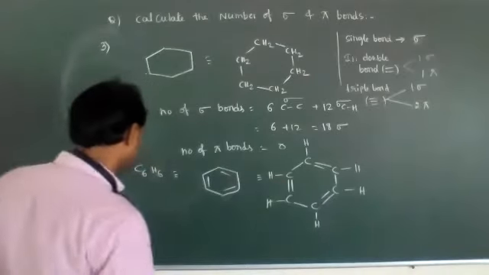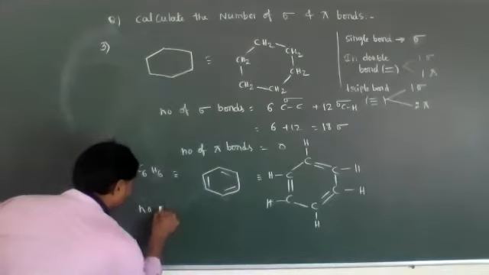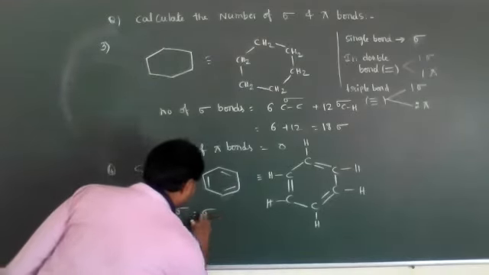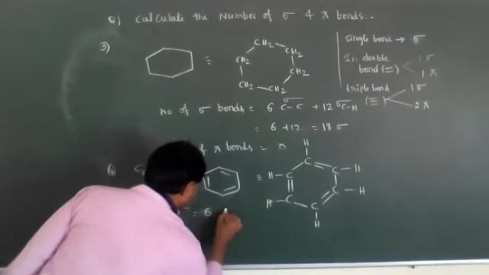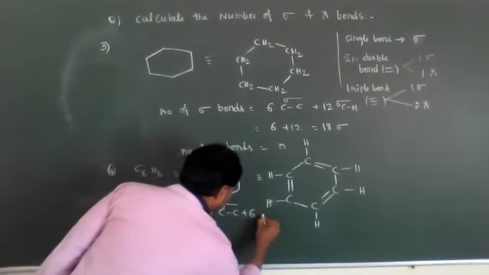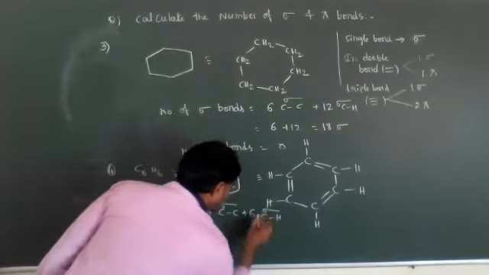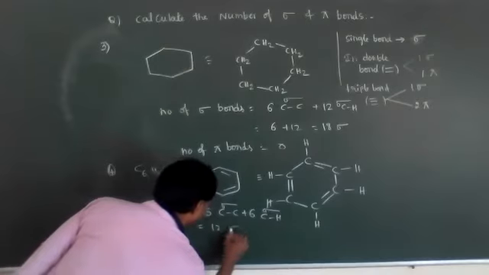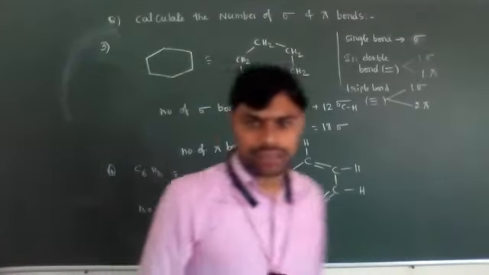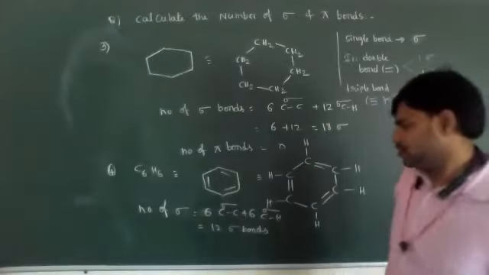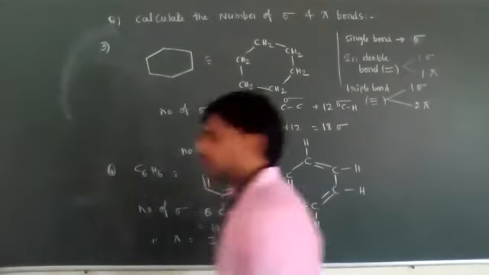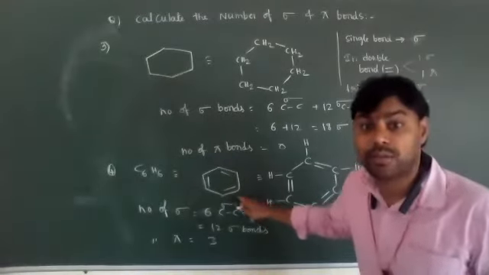So 6 sigma bonds is equal to 6 carbon-carbon plus 6 carbon-hydrogen, total 12 sigma bonds and 3 pi bonds. Yes, Abhay, very good. Number of pi bonds: 3 are present because 3 double bonds are present.